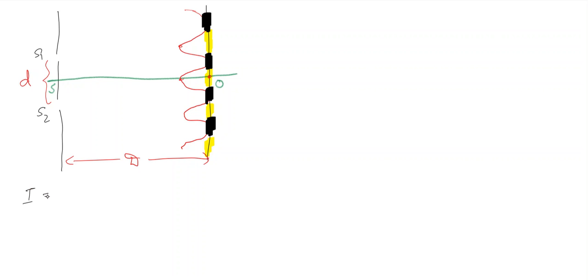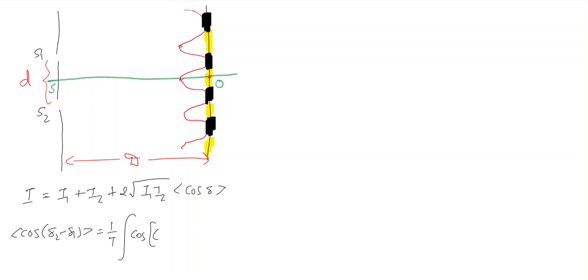If you go back to the very first assignment, there you will see the equation that you should apply when you want to find the intensity of an interference pattern. If you look at the cos delta term, delta is delta 2 minus delta 1, expressed as cos of omega 2 minus omega 1 times t minus k2 r2 minus k1 r1 plus phi 2 minus phi 1.